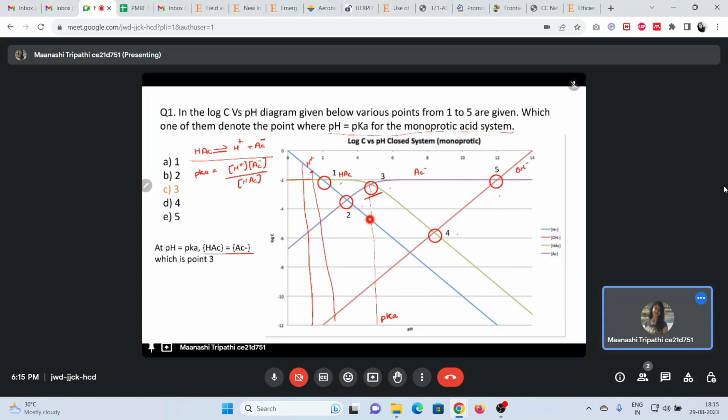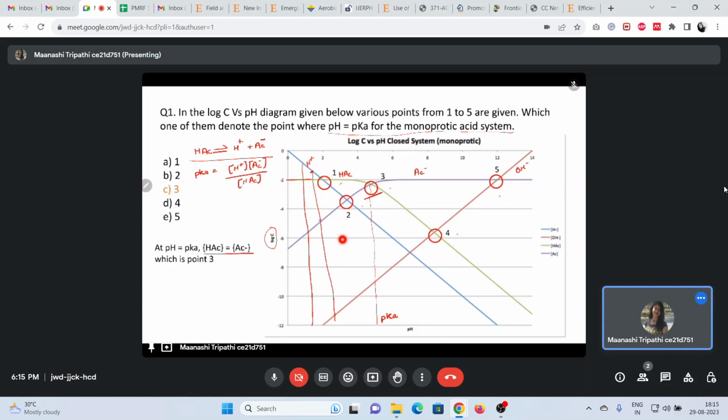Then we have the same equation for A negative. This is the concentration in terms of log, so log H plus is equal to minus pH. We have log HA, this line is log A negative, and this is log OH.